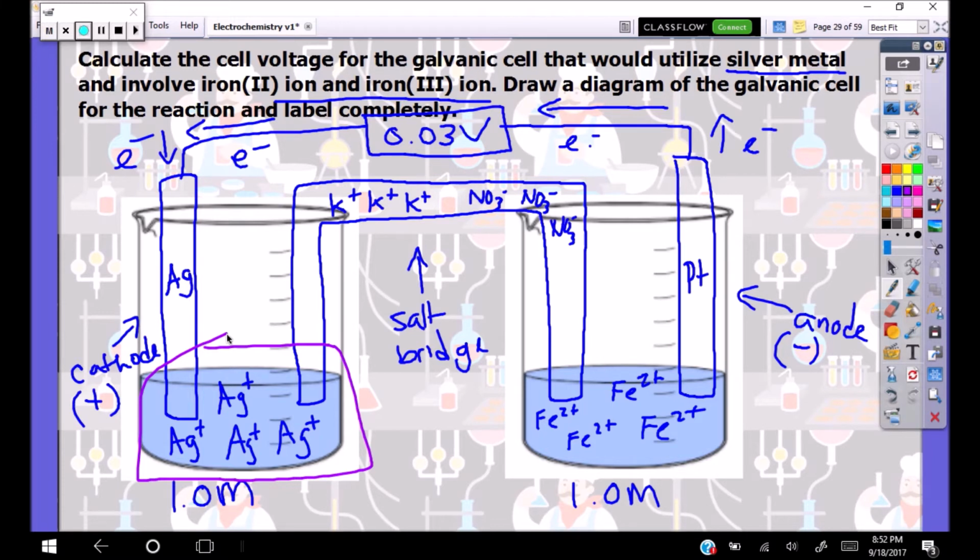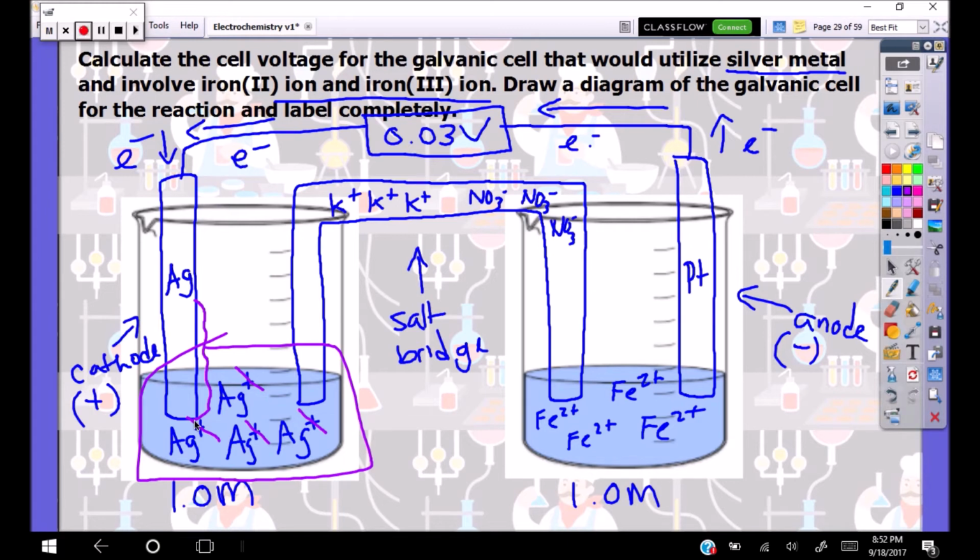As we throw more electrons in, these charges are going away, and we're being left with silver metal. That silver metal will plate out onto the cathode, and this will start to get larger as more silver plates out onto it. As this is happening, though, this beaker of solution is going to start to become neutral.